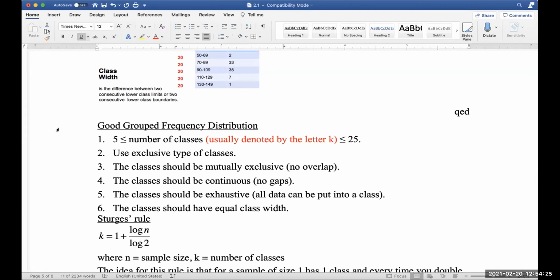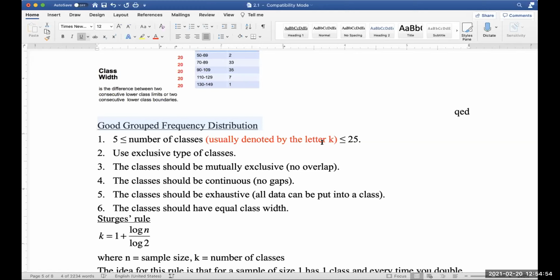So now, how do you make a good frequency distribution? You should have between 5 and 25 classes. Usually we denote the number of classes by the letter K. So K should be between 5 and 25.